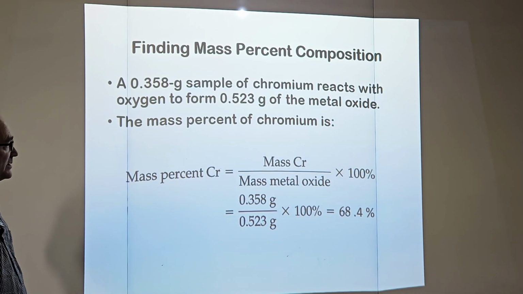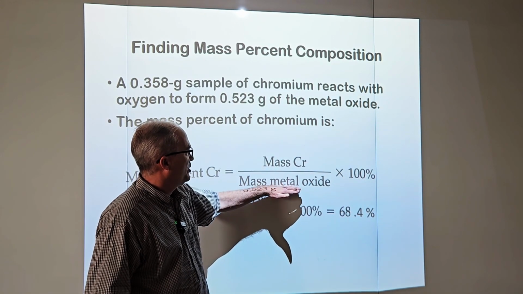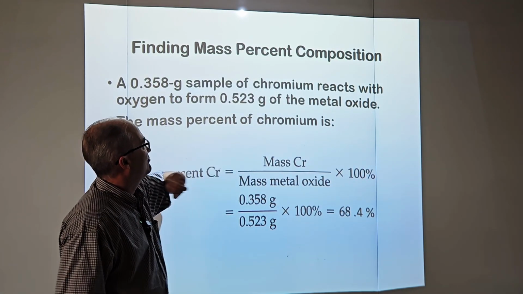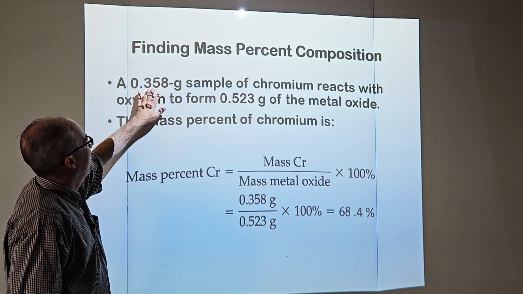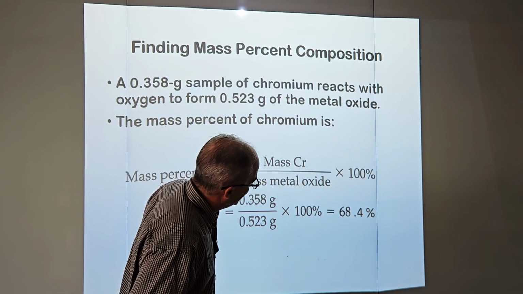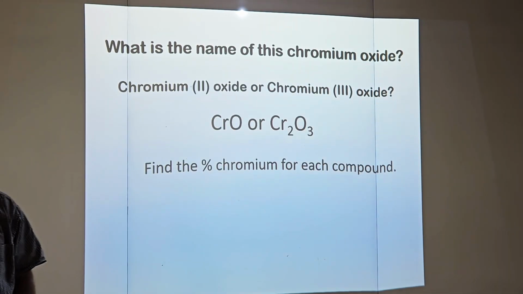We can ask ourselves, what is the percent chromium in this compound? Now the metal oxide has both chromium and oxygen in it. We know how much that weighs, and then we know how much chromium was there, and we get 68.4%. All right, here's where it gets ugly and you don't like me.